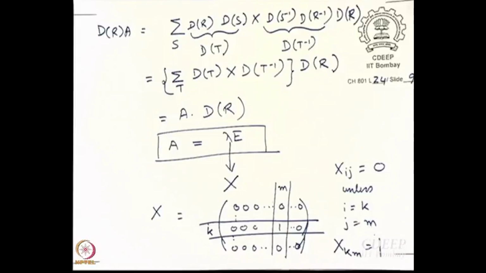See, all I care about is that A has to be equal to lambda E. And what we have done so far is that it does not matter which form of X you use, unless X is a null matrix, A is still going to be equal to lambda E. It is just that the value of lambda will change, isn't it? I can use any matrix.